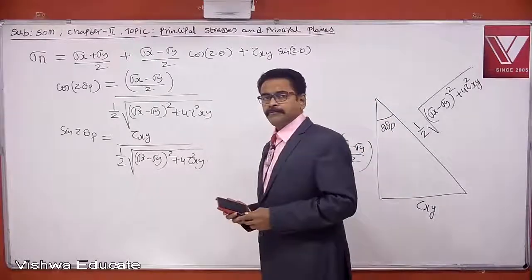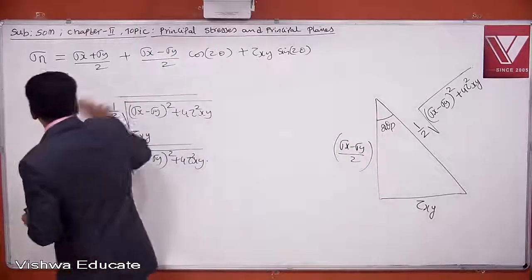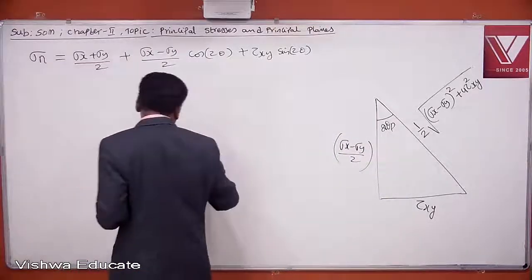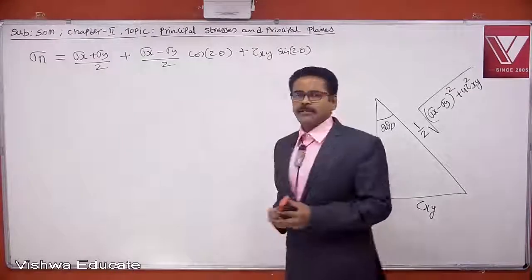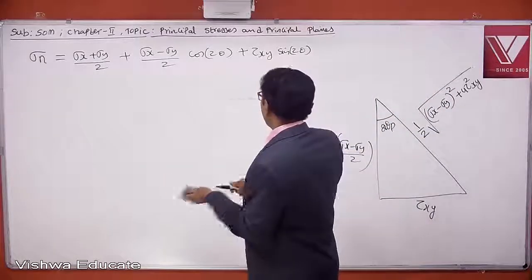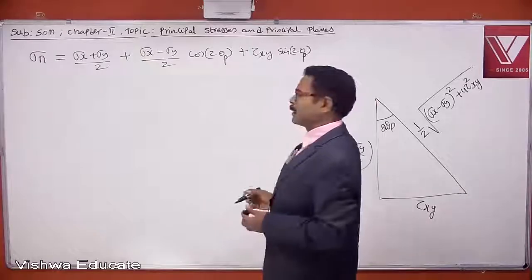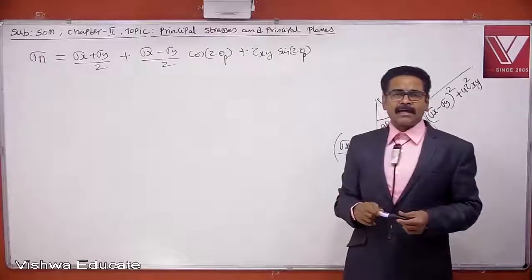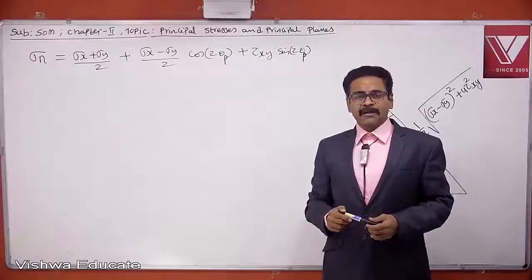Right. So now let us try to put these cos 2 theta p and sin 2 theta p values in this expression. If I put theta p here, what will I get? Theta p indicates the angle of the principal plane.